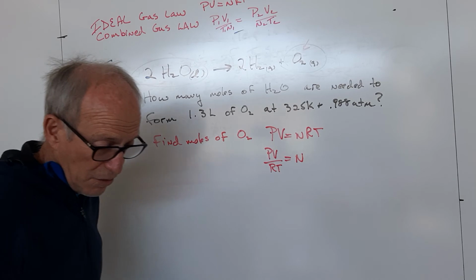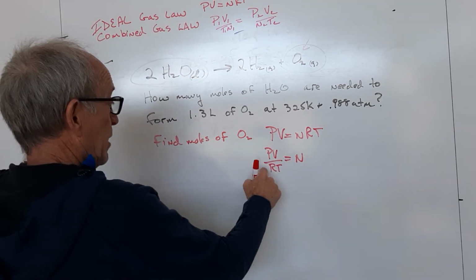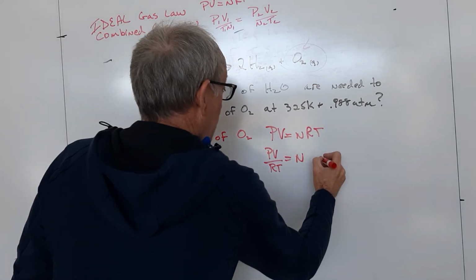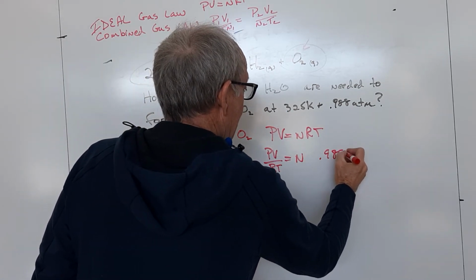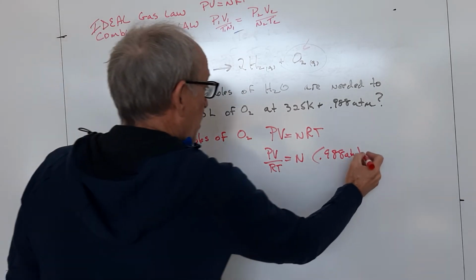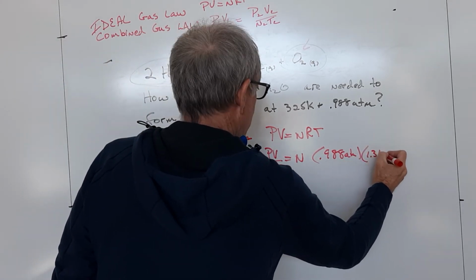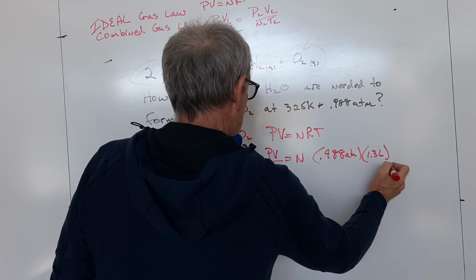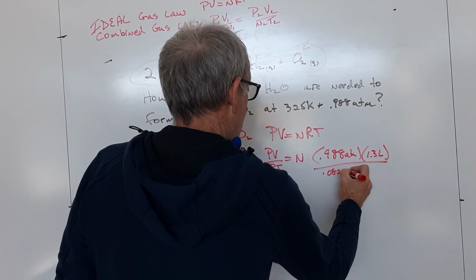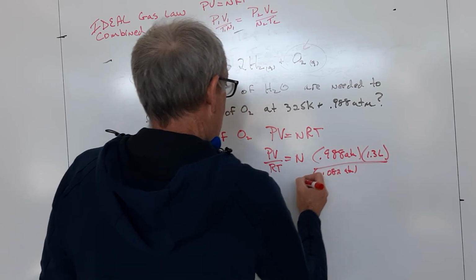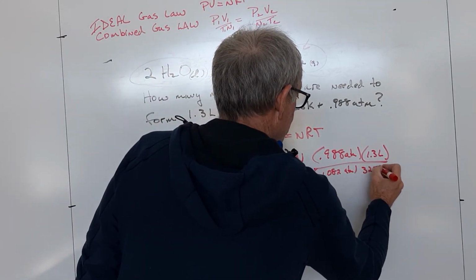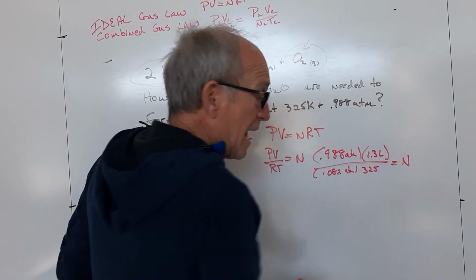Okay, so here's what I do. Pressure is 0.988 atm times my volume, 1.3 liters, divided by 0.082 times the temperature, 325. That will give me my n.